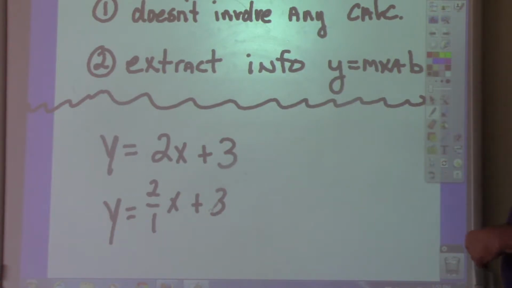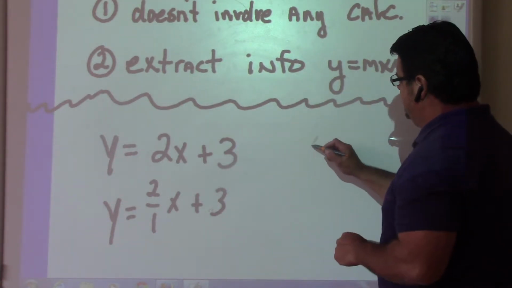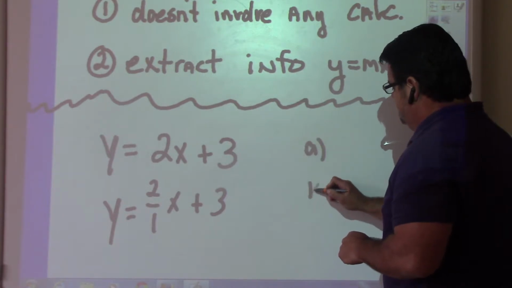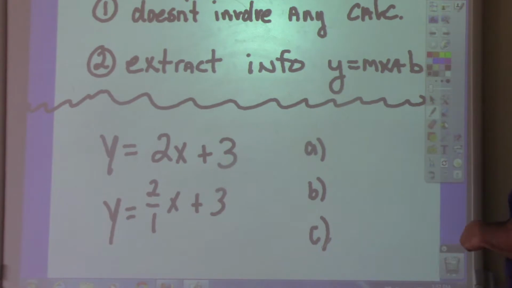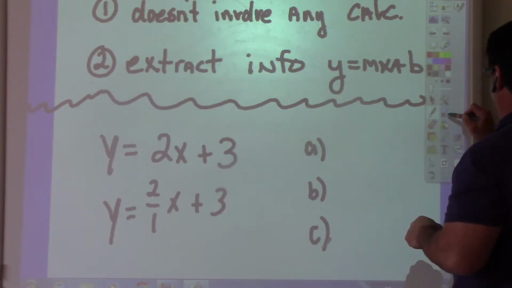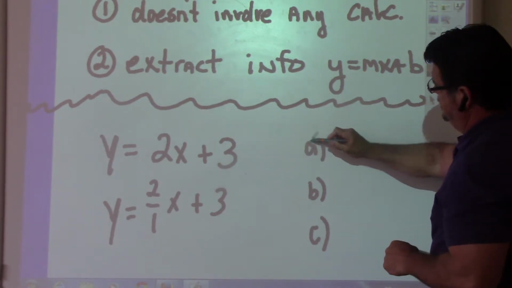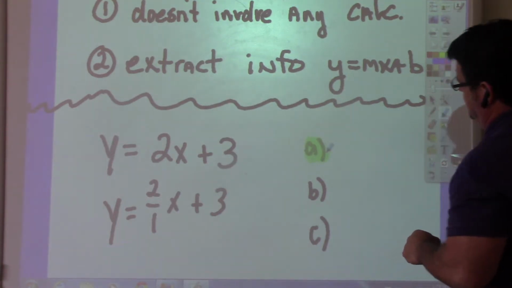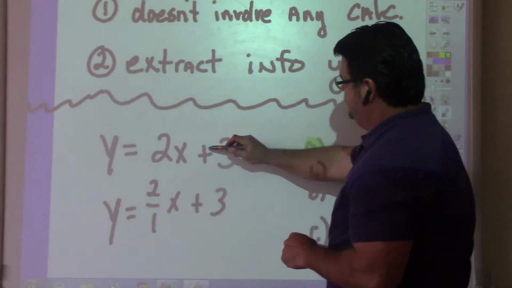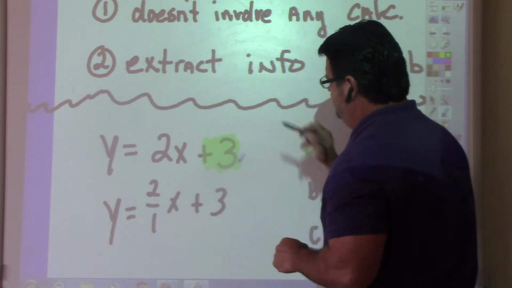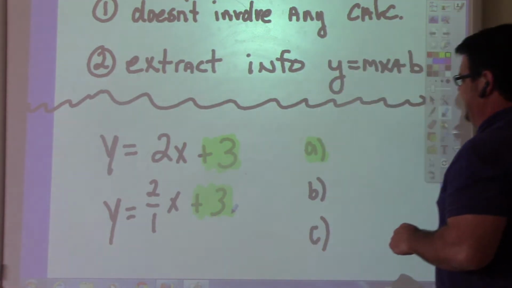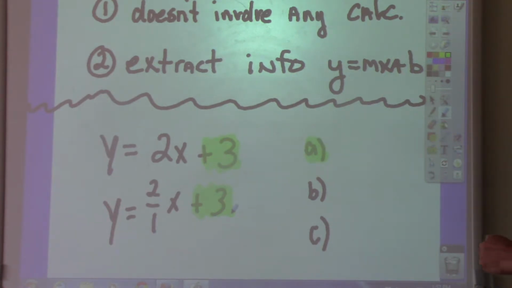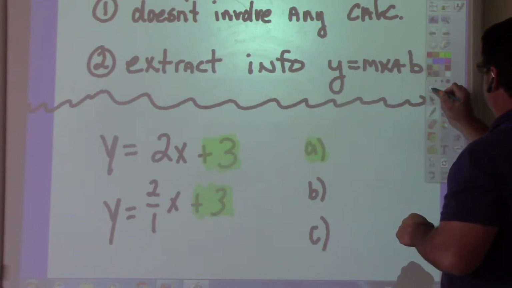Now I'm going to extract the information right here. A, B, and C. I'm going to highlight A. I'm going to highlight 3 right there, and right here, because A is our y-intercept. So you might want to write that down somewhere.